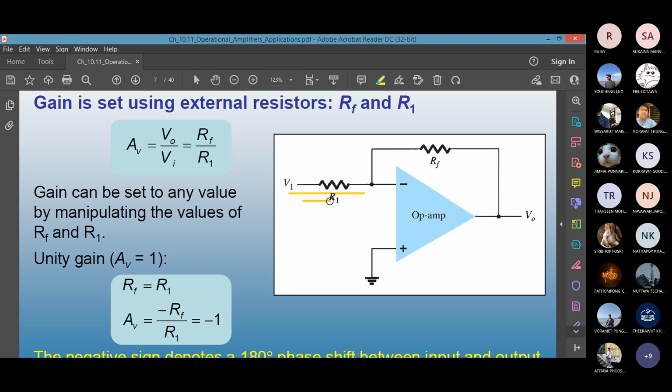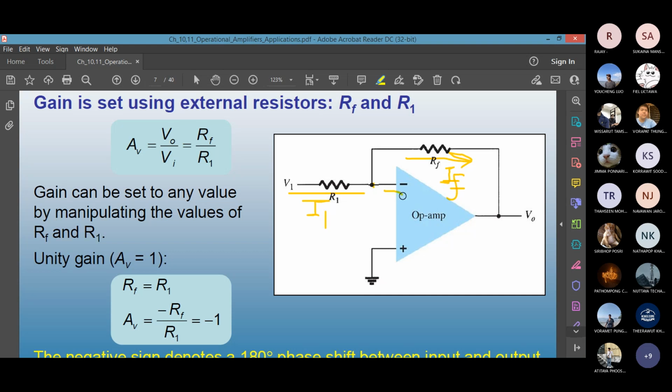We shall call it current I1 because it's flowing through resistor R1. At this node, you think that some will be split to the resistor RF. We can call the current IF, and you might think that some of it will pass through the op amp itself.